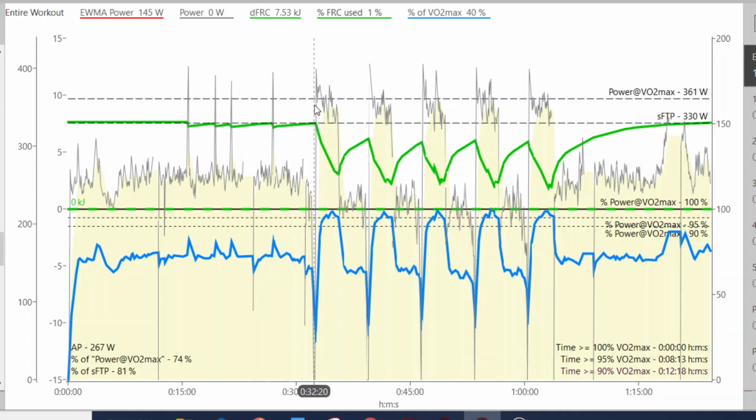Once I've got the work duration for these up in the 3-minute range, 5 times 3 minutes, and I got the intensity right that they're getting up into here, then I start cutting the recovery interval duration. I'm going to show you where this athlete is at now. This was back in January of 2019, and I'll show you where he's at now.